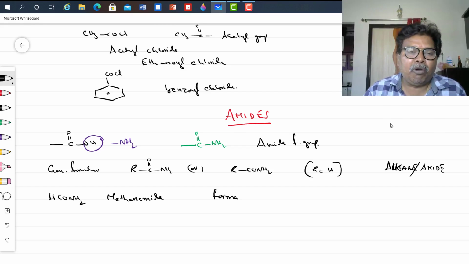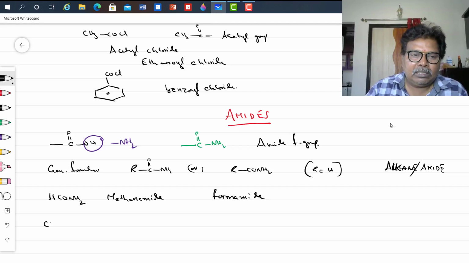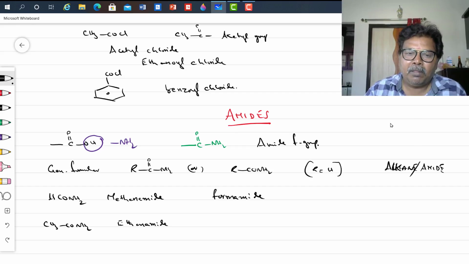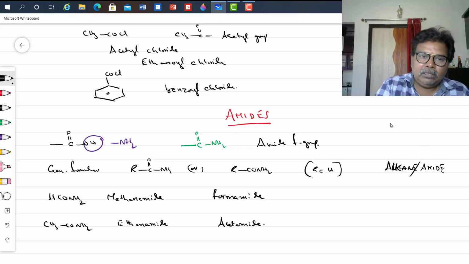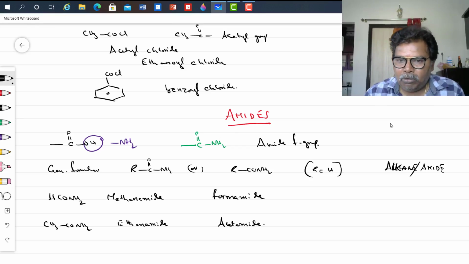It is a derivative of formic acid, formamide. CH3CONH2, this is ethanamide. It is a derivative of acetic acid, therefore acetamide. CONH2 is treated as a primary amide group.